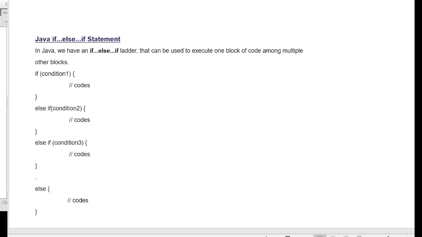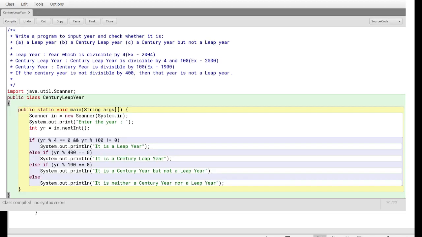So in this way we can give multiple conditions. So let me show you the use of if else if with the help of a question.